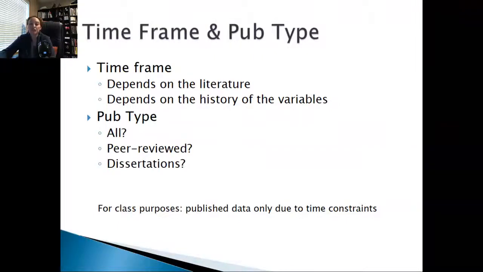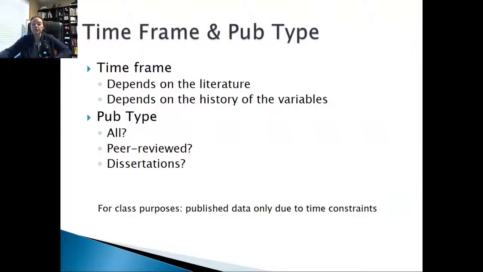But for an actual full meta, you have a decision to make when you're looking at publication types. Do you want to look at all the literature that's out there? Do you want to include dissertations, or do you want to exclude them? Do you want to just look at peer-reviewed published articles? There's a lot of different rationales for looking at different types of publications, so you want to be clear and specific about what you are and what you are not including.